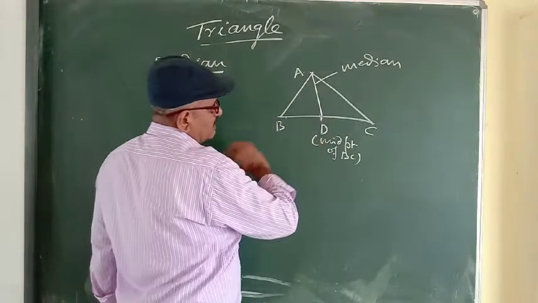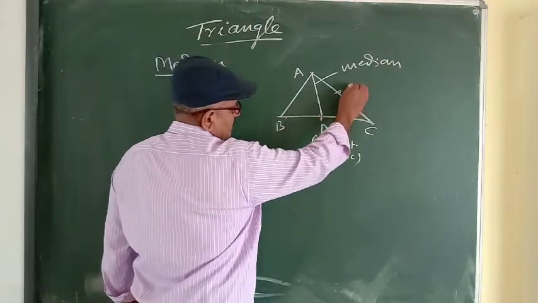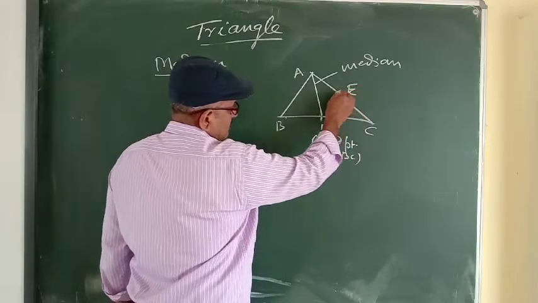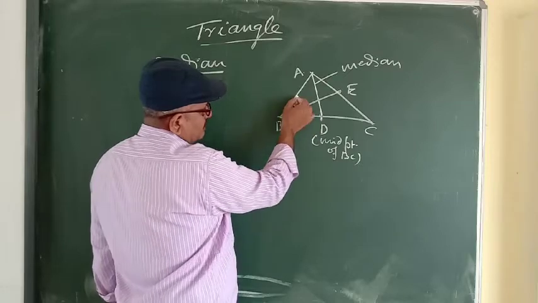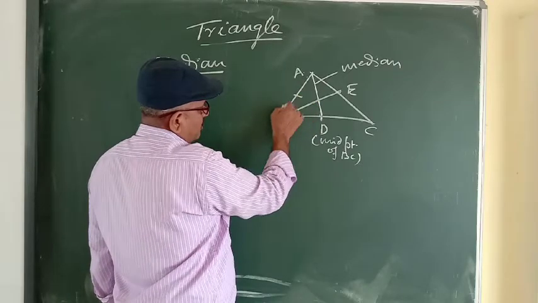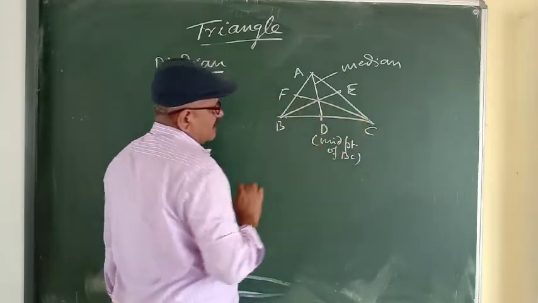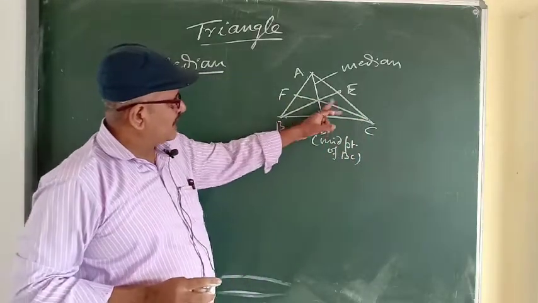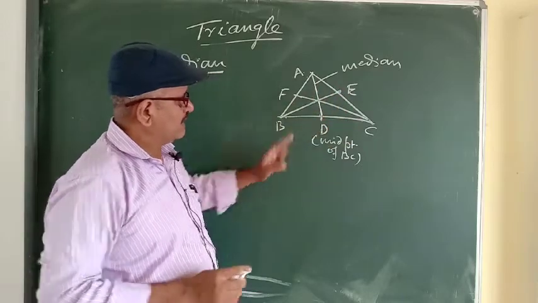So AD is median. We can take the midpoint of AC, suppose it is E, join its opposite vertex B, BE is also median. Similarly, we can take the midpoint of AB, that is F, join it with the opposite vertex C. So there are three medians, BE, AD and CF.